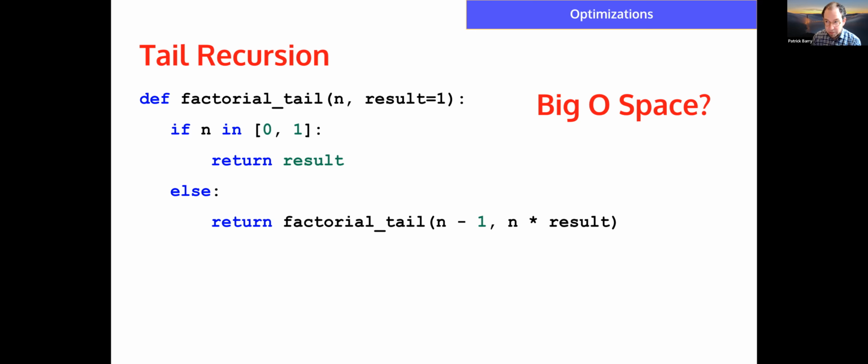And your compiler knows that, or your runtime knows that. And if it's a smart compiler, instead of making a new frame on your call stack for this function call, maybe it can replace your current one. This is called tail recursion. And if your environment supports it, then you can get back to constant space with your recursive calls.